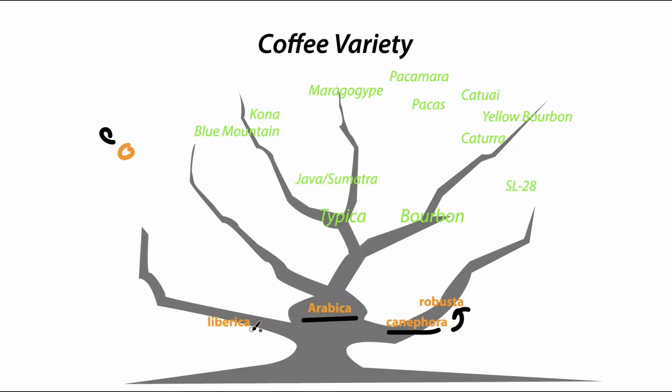There's actually another huge group called Liberica, which is I think in West Africa, but it's not really cultivated that much anymore. That's why it's usually not there. It used to be Arabica and Robusta, but Robusta wasn't the best type of coffee.